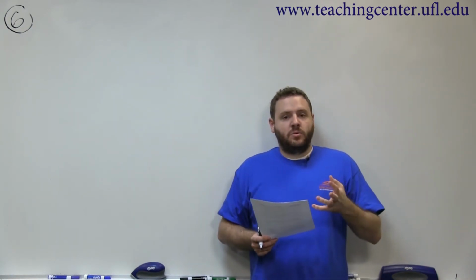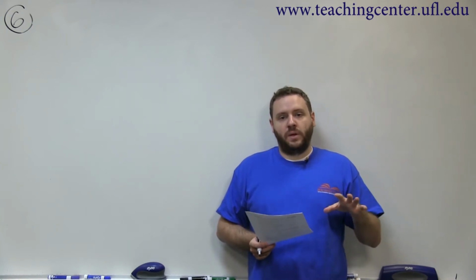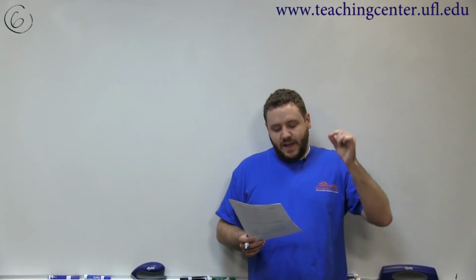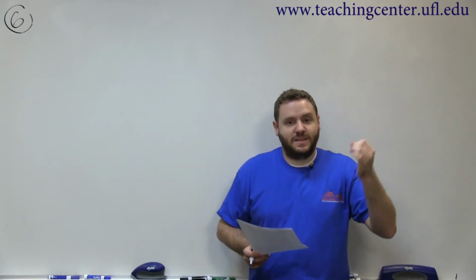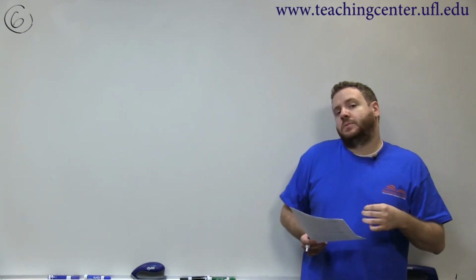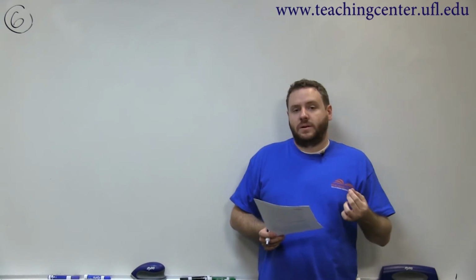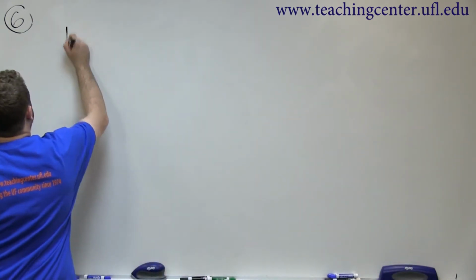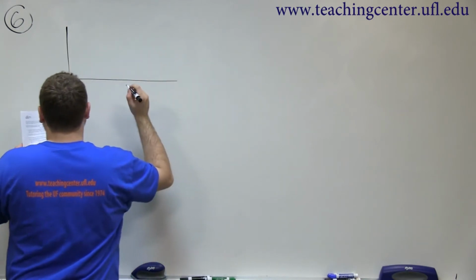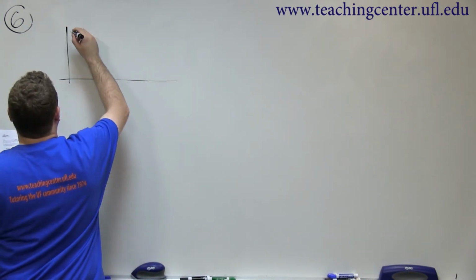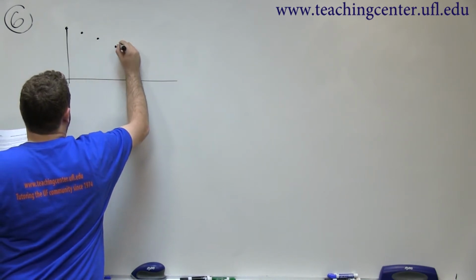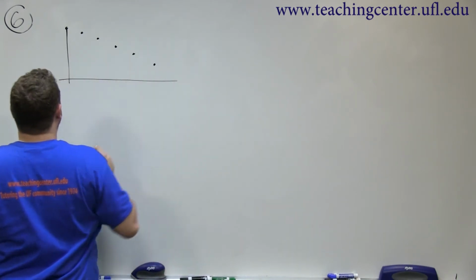The lower estimate would be using the lower number for the whole interval. So again, the interval from 0 to 2, we have an 8.7 value and a 7.6 value. The lower estimate would just be using 7.6 for that whole interval. So if we want to do this graphically, we essentially have points like this that are decreasing as time goes on.